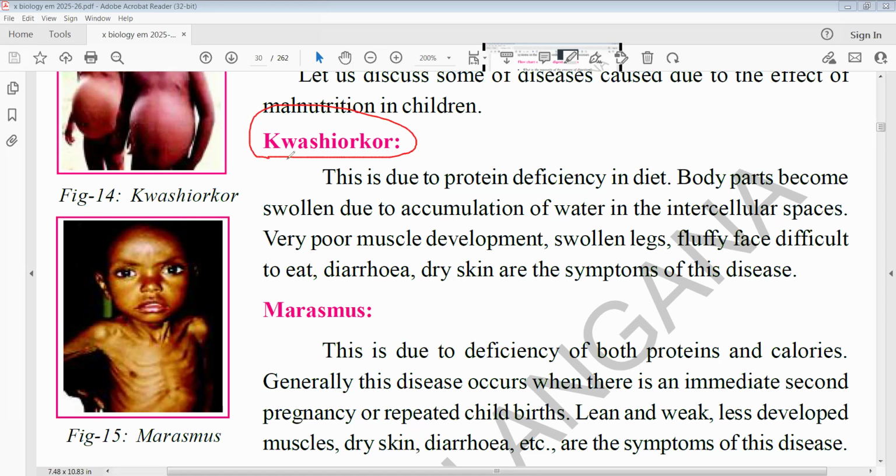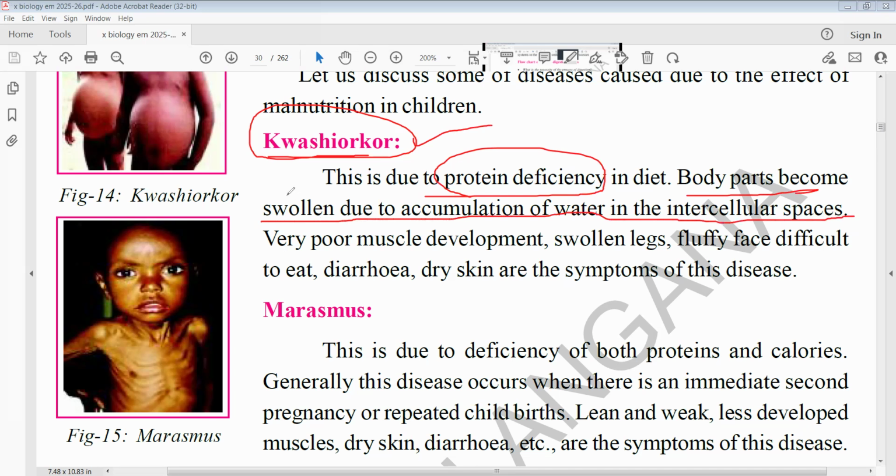kwashiorkor. Kwashiorkor here means a protein deficiency disease. This disease is caused due to deficiency of proteins in our diet. So what happens? What are the changes? Body parts become swollen due to accumulation of water in the intercellular spaces.